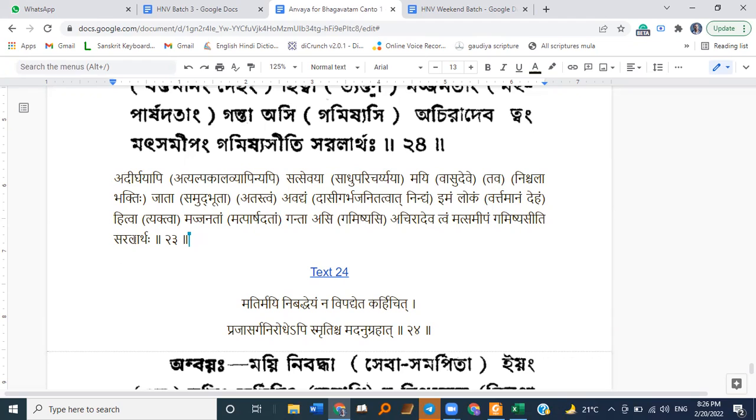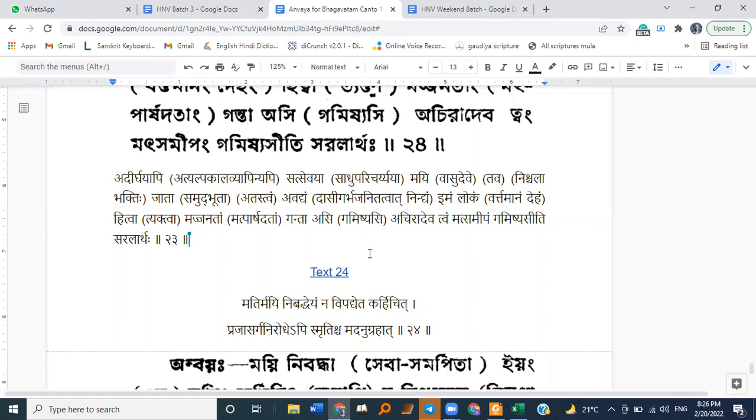Which means, in simple words, saral artha, that within no time you will reach me, or you will attain my proximity. Tvam mat samipam gamishyasi iti sarala artha. So that's the meaning.